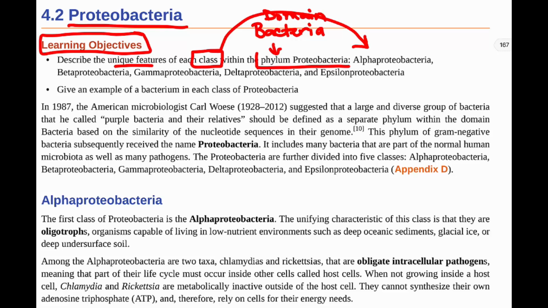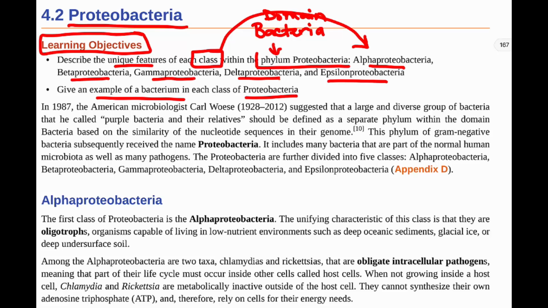We'll talk about the AlphaProteobacteria, BetaProteobacteria, GammaProteobacteria, DeltaProteobacteria, and Epsilonproteobacteria. Those are the different classes within the phylum Proteobacteria. You should also be able to give examples of bacteria in each of these classes.